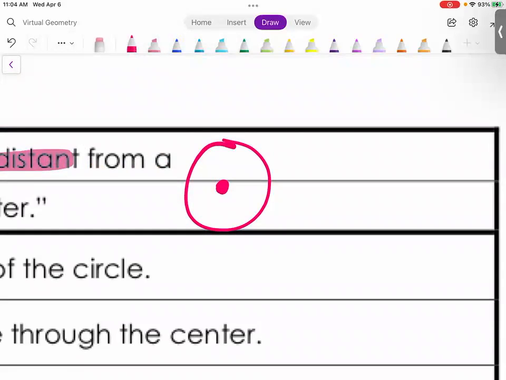And again, that is our symbol for a circle. And whatever letter is at that symbol, maybe it's a K, that is what we use to name this. So we would call this circle K.